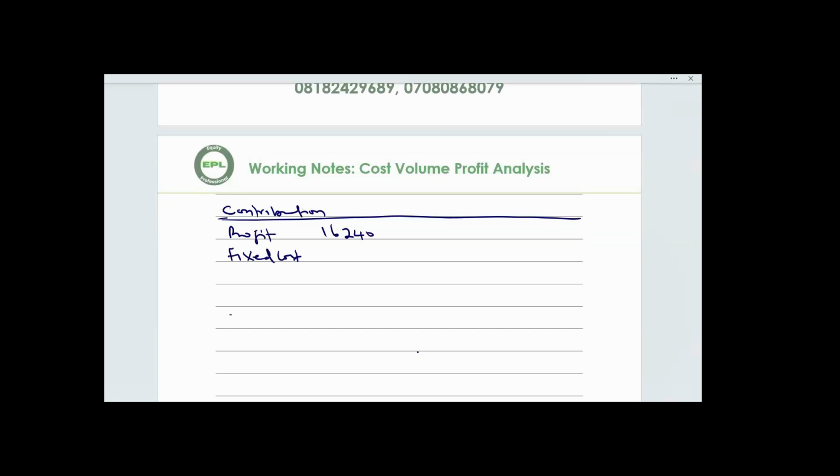Fixed cost equal to 2,240 plus 8,320. That will give us 10,560. All right. So here is 10,560.